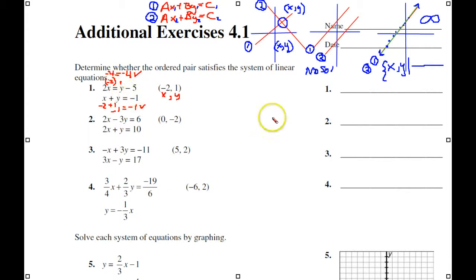And for our first 4, it's going to be yes, as we found out for this one, no for number 2, no for number 3, and yes for number 4. I'm not going to do all these, and I can see this one's a little tedious here.